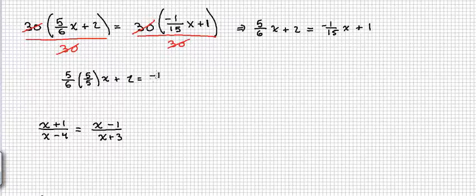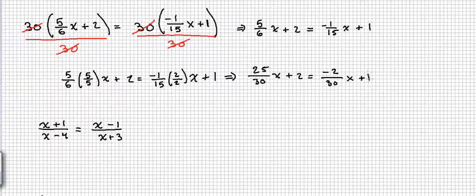And then we're going to take this negative 15 and divide it by 2 over 2, which is just 1, multiplied by x plus 1. This is going to turn into 25 over 30 x plus 2 equaling negative 2 over 30 x plus 1. So now what we've got to do is get our x's together.